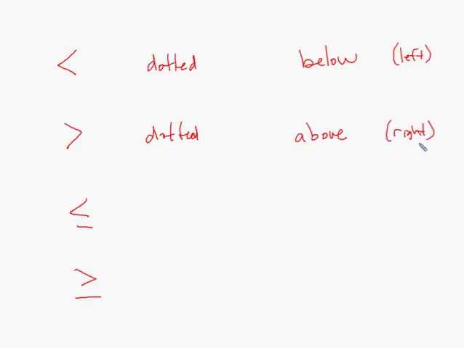I'll show you that in a moment. This is a special case that I'm putting here at the right, so mostly think above and below. Less than or equal to, that's going to be solid, because we can be equal, and we're going to be below the line. And greater than or equal, that is also solid. Okay, but this is going to be above the line.